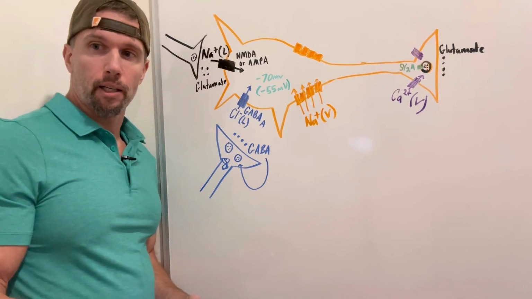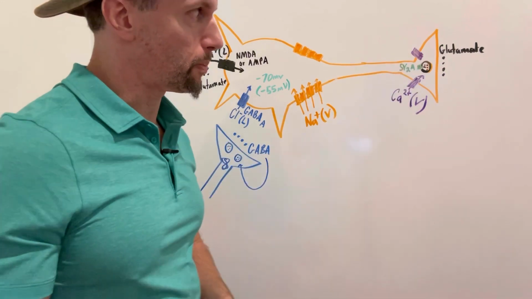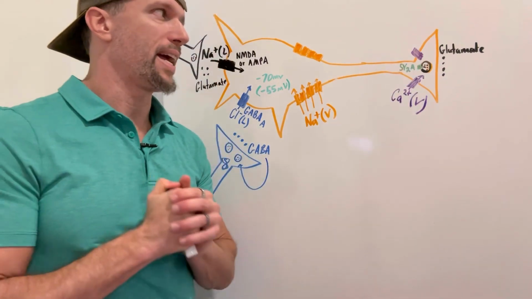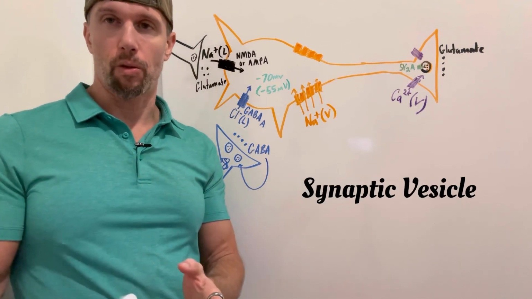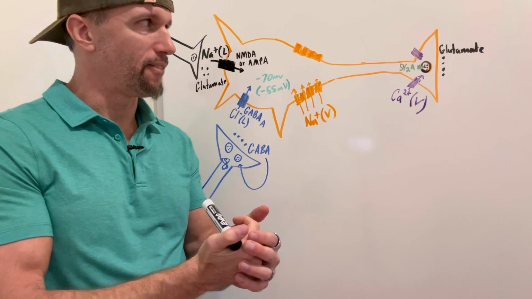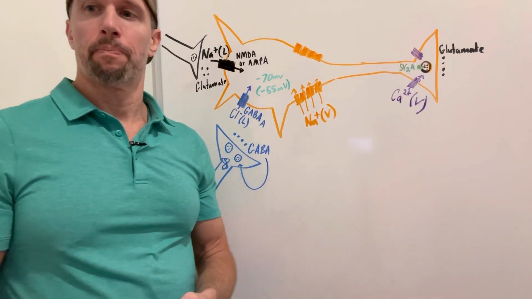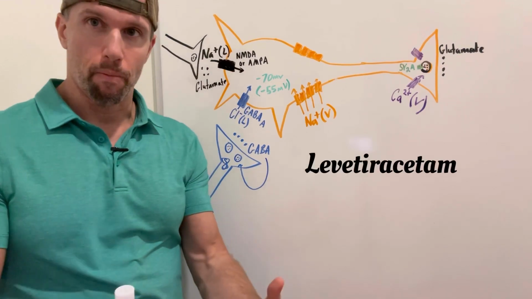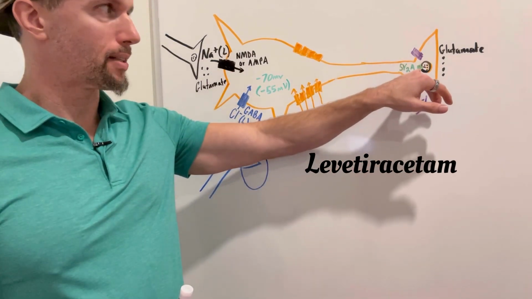There's another drug, and this one works right here at the vesicle. There's a protein in the vesicle called SV2A, and SV stands for synaptic vesicle. It plays a role in the calcium binding to that vesicle and ultimately releasing the neurotransmitter. Levetiracetam is a drug that blocks this.